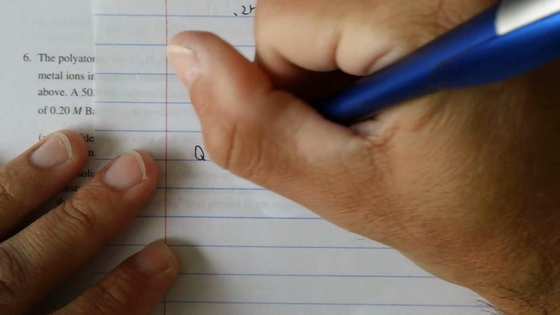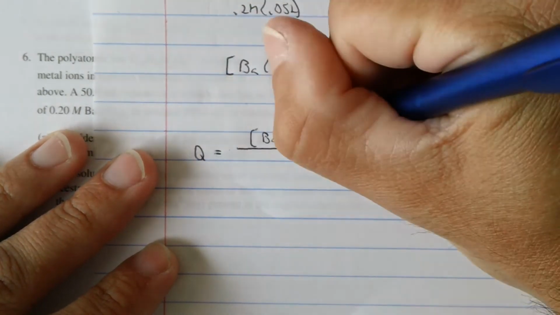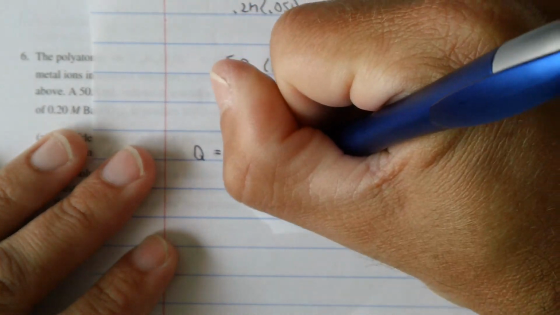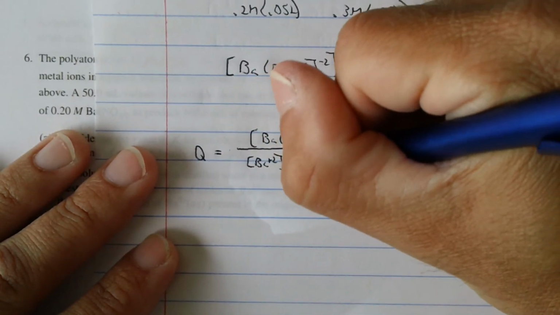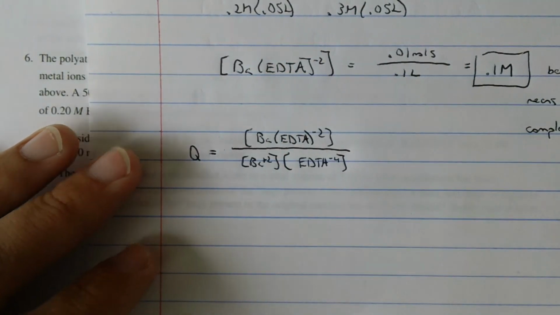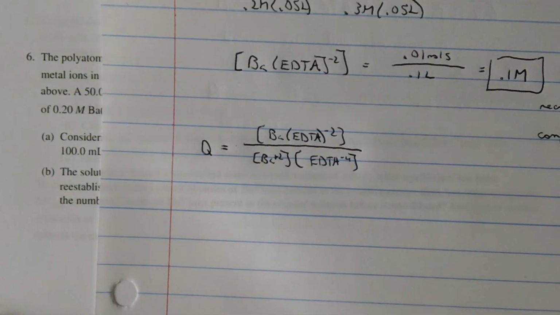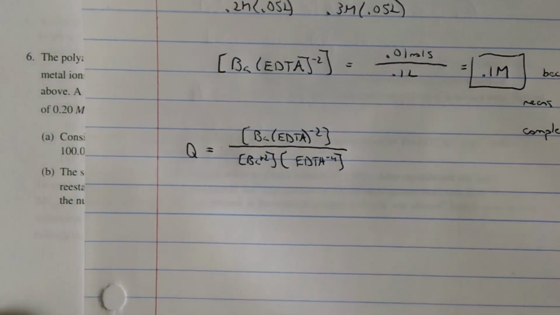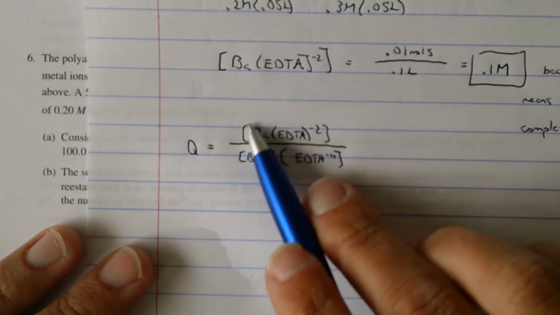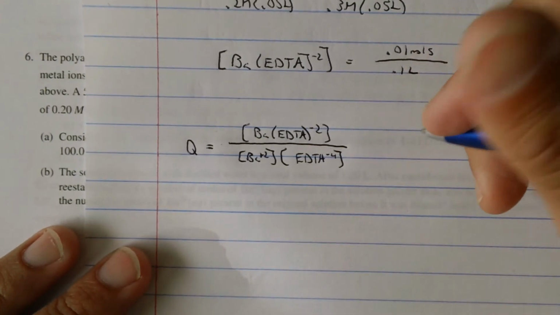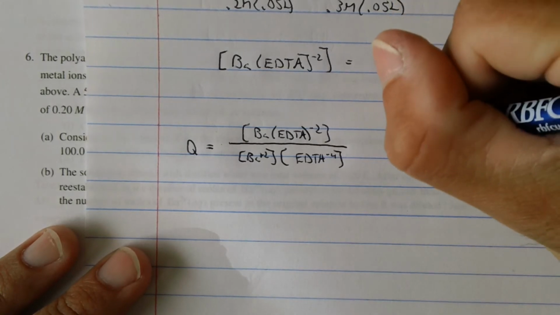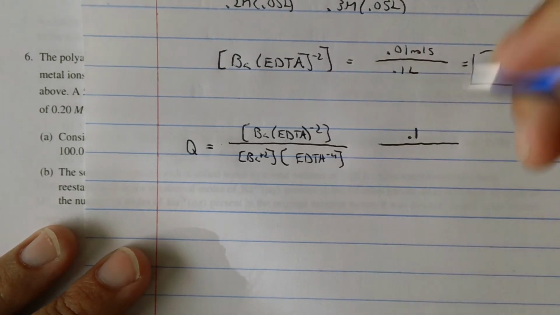we're taking this barium mess at the top over the concentrations of barium in that complex ion, like this. What did we do when we changed the volume by tenfold? We added 900 mL of water to give us a total volume of 1,000, which means we took the concentration of this and made it a tenth of what it was. So our Q value here would be a tenth of the original concentration of the top one.